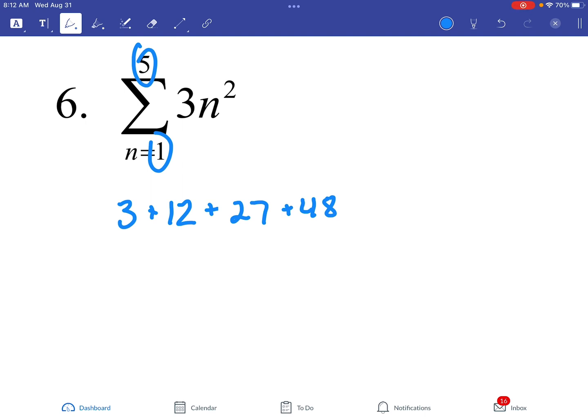And 5 squared is 25 times 3 is 75. Again, we only had to find 5 terms, so it makes sense to just find the terms themselves and then add them up for a grand total of 165.